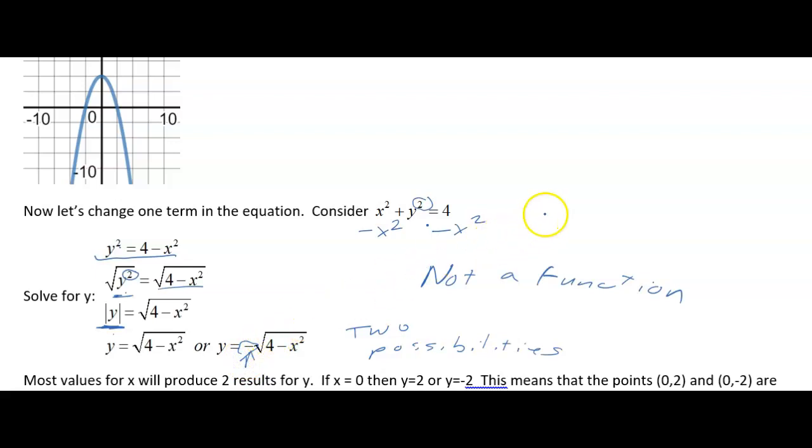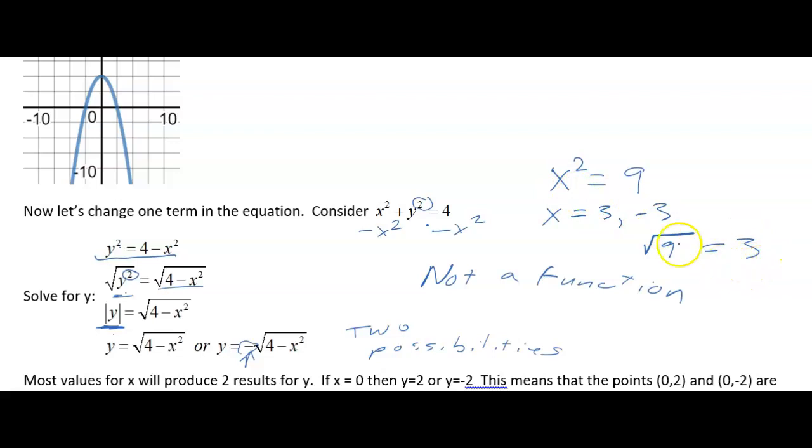Now, many of you are saying, well, wait a minute, the square root of a number is just a positive. Yeah, but if I say x squared equals 9, what's x? There are 2 possibilities. If I say what's the square root of 9, this is what we call a principal value. Every arithmetic problem has one answer. Algebraic equations can have multiple answers. We don't say the square root of 9 is 3 or -3.